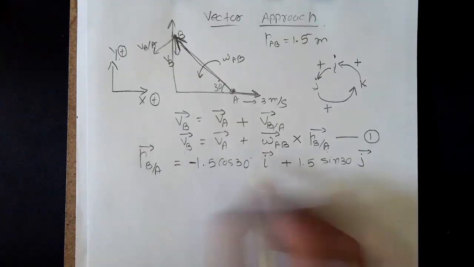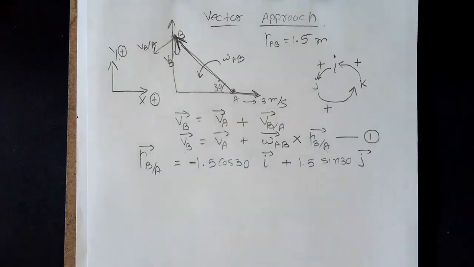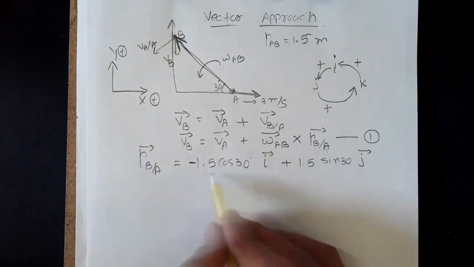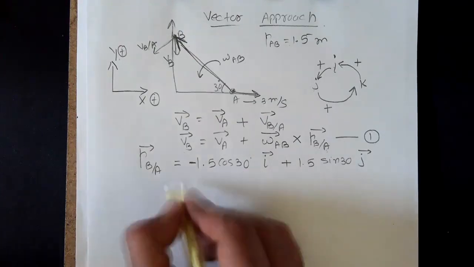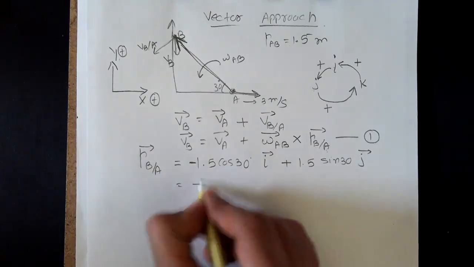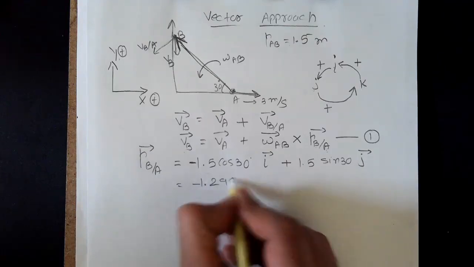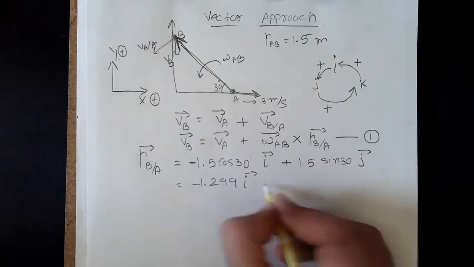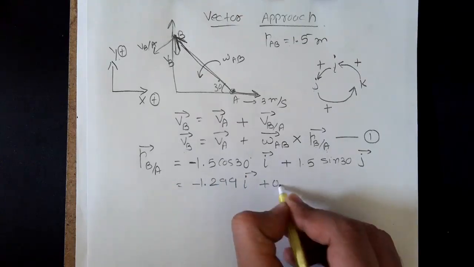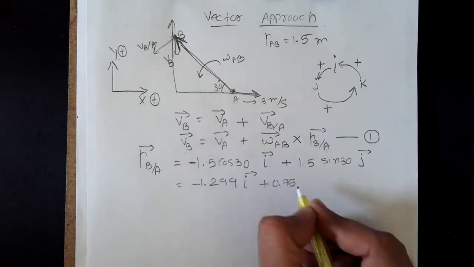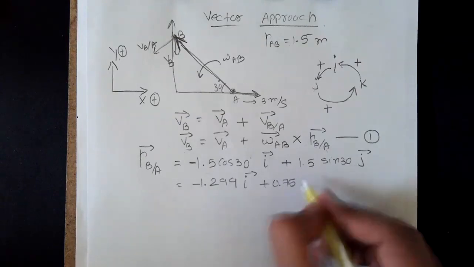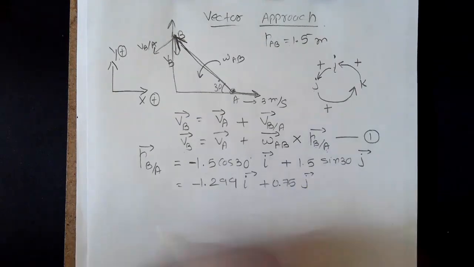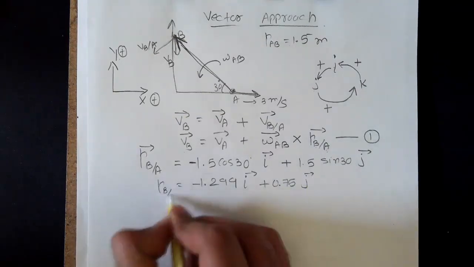You can simplify this math into constants. So 1.5 cosine 30 is 1.299 i, and 1.5 sine 30 is 0.75 j. Okay, so this is our position vector.